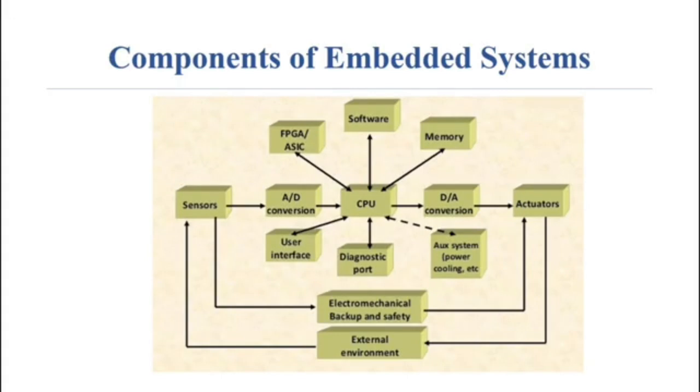And here we can see the components of embedded systems. CPU means central processing unit. It processes the data from various devices, sends information and stores the information. Memory is used to store the data. FPGA means field programmable gate arrays. A/D means analog to digital conversion. Sensors take the input of a physical quantity and give the output in the form of electrical signals.